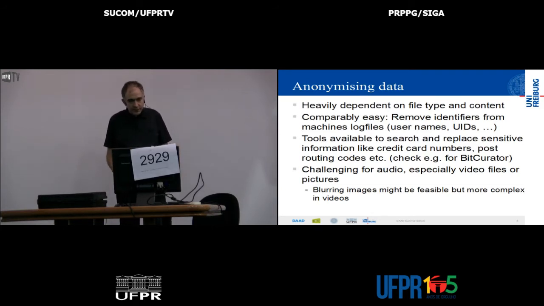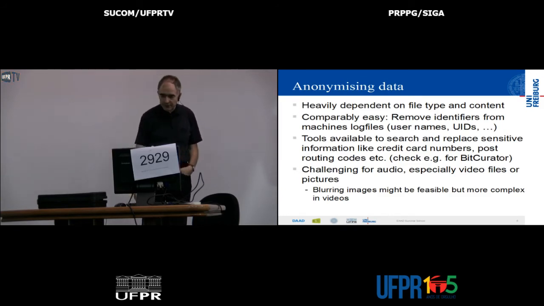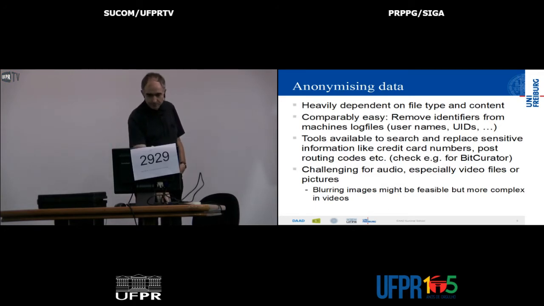Blurring images is well known. As you see in newspaper reports, suddenly a suspect, the photo is blurred to protect the privacy of a suspect as long as the person is not yet convicted of a crime. It may be more complex in videos because there's more information than just the face.